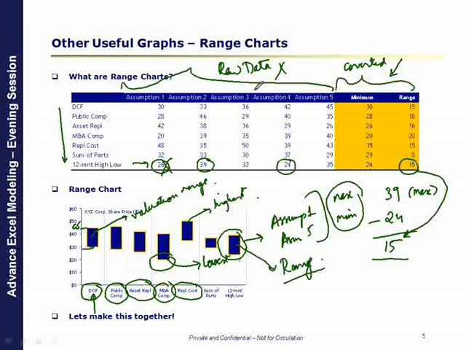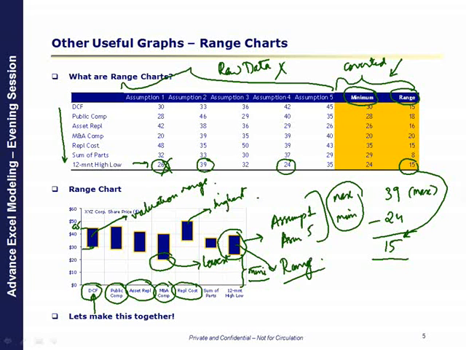To reiterate, we will not be using assumption 1 to assumption 5 as raw data for the graphs. We will be converting it into the minimum and the ranges, and the logic that we understood was: the blue mark highlights are basically the range, and the one which is below is called the minimum. So that's what we are going to do.